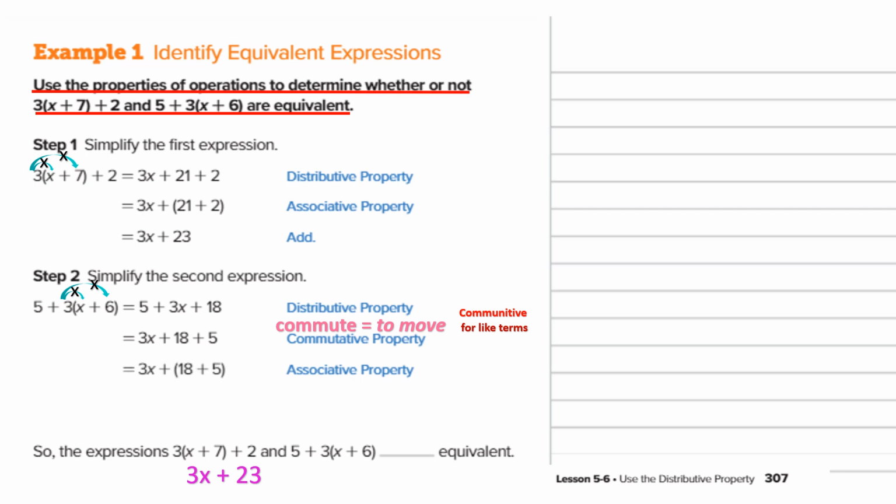Once again, that's the associative property. Since it's all addition, it's not going to change my answer. So I'm going to add 18 and 5, and that's going to give me 23. So we can see in the second one that we end up with 3x plus 23, which is what we had the first time. So we would end up answering and saying, yes, they are indeed equivalent.